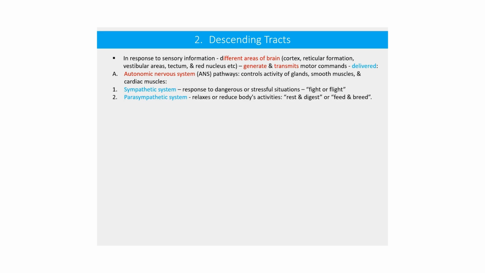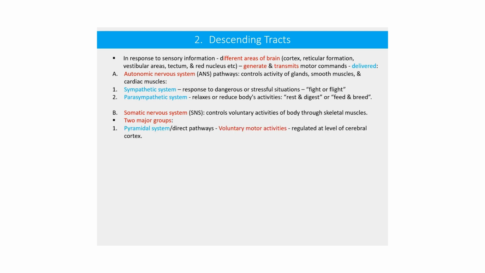And second subgroup is the parasympathetic system tracts, which make the person relax or reduce the body activities in the shape of rest and digest or feed and breed. The second main group of the descending tracts comprises the somatic nervous system pathways. The somatic nervous system controls voluntary activity of the body through the skeletal muscles, and this system is divided again into two subgroups.